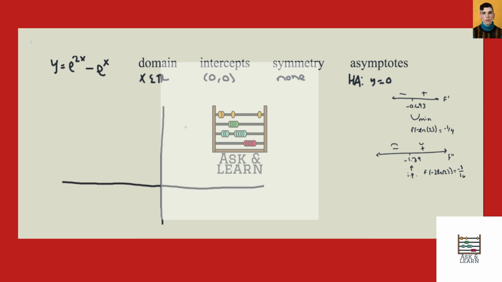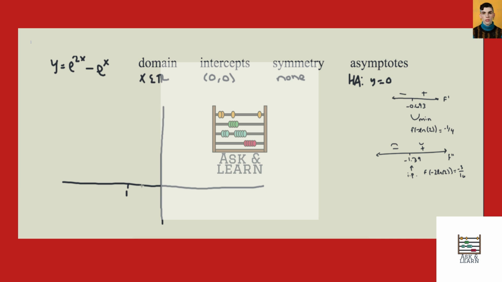All right, so we can plot our minimum value first. We said that was negative ln of 2, which we said was approximately negative 0.693. So that would be, if this is 1, it would be about here.